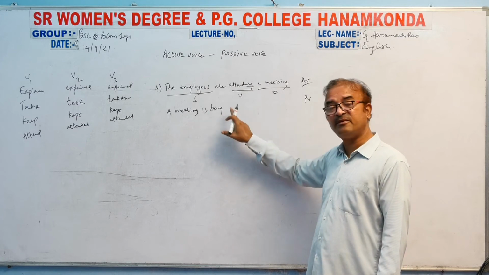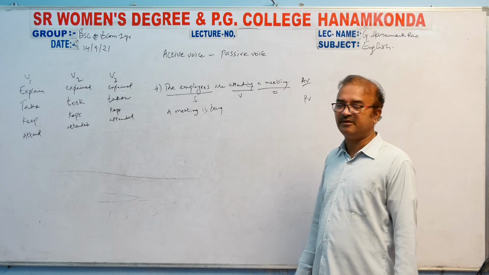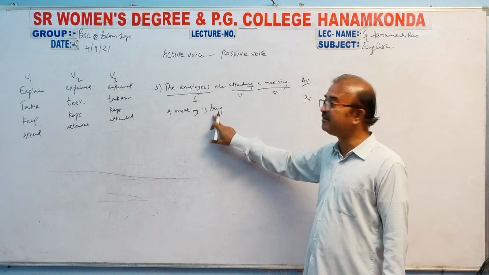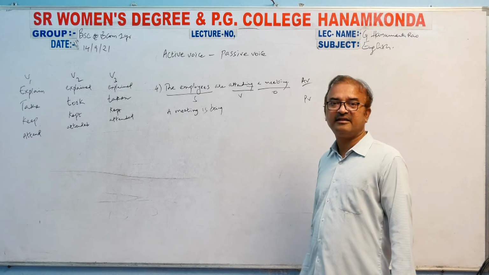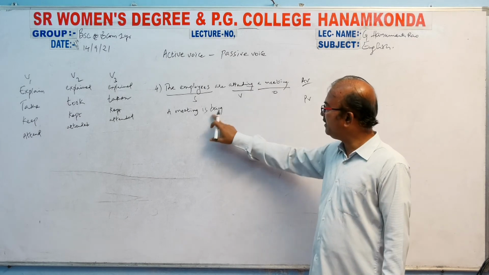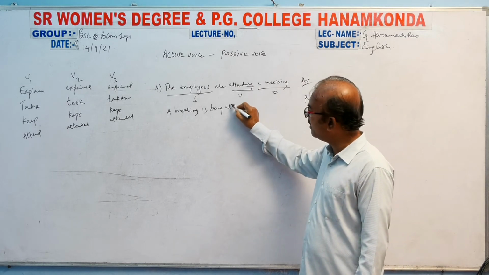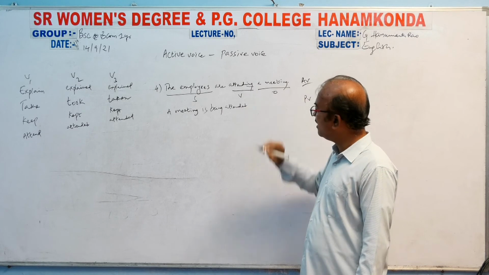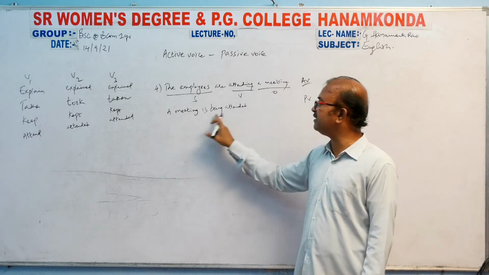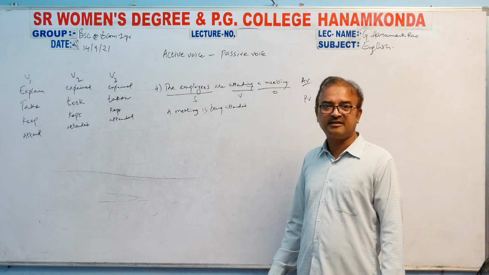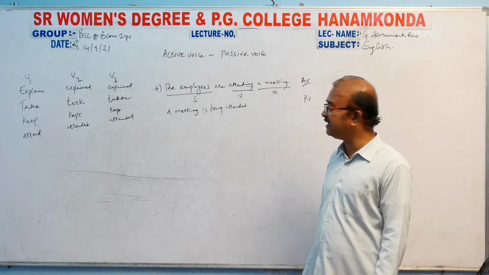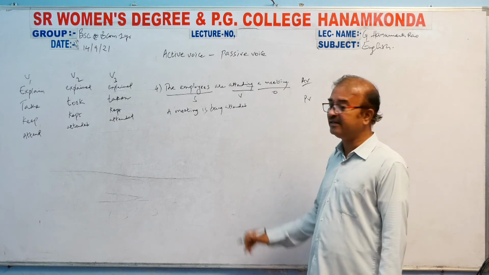Because this is going to be followed by a verb. So next thing, why did we use being here? Because there is ing in the verb form. So being, then attended. This is the V3 form. So a meeting is being attended.